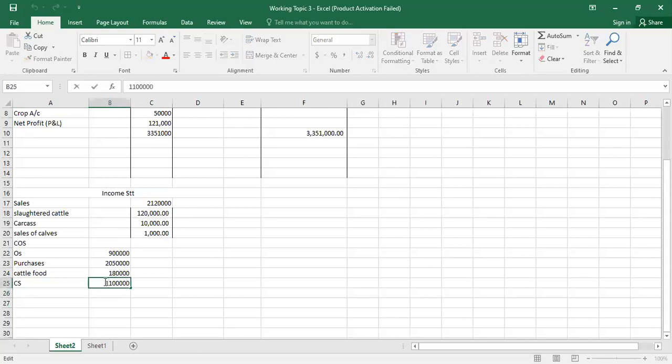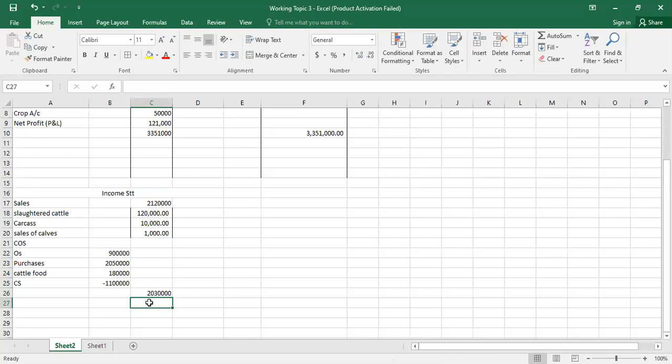And this is your closing stock, so it should be netted off. So it's a minus. What do you get as a figure here? We add them, we are getting 2,030,000, right? So 2,030,000. Yes.